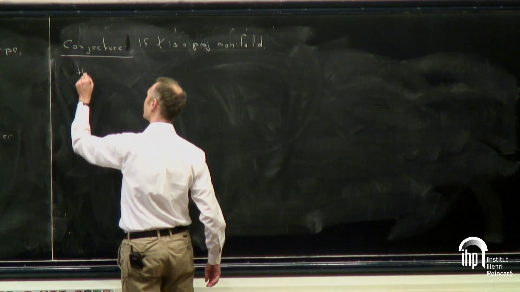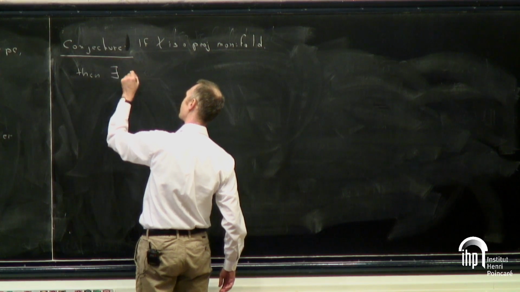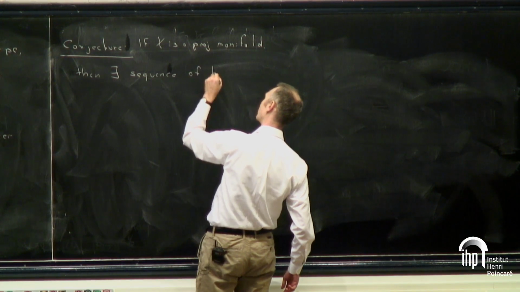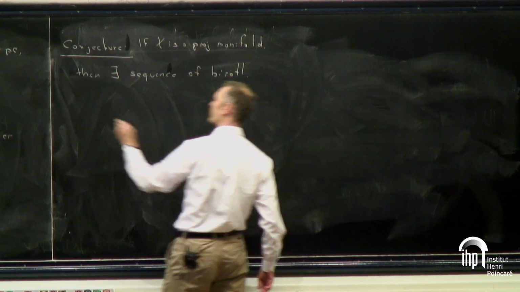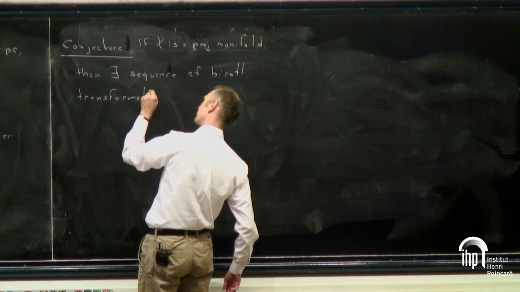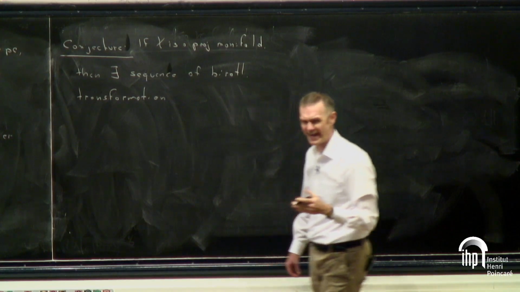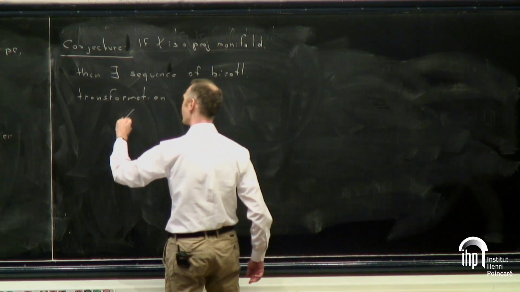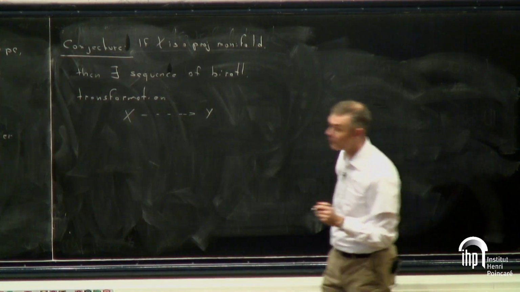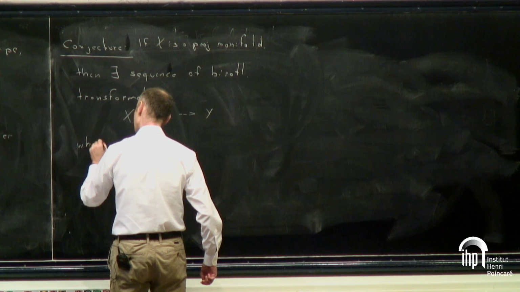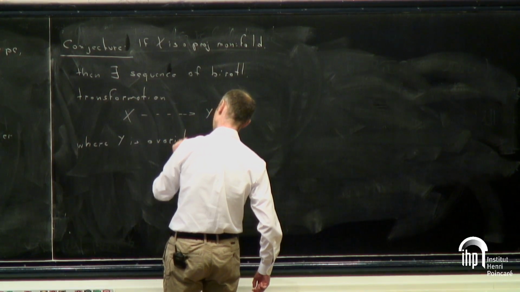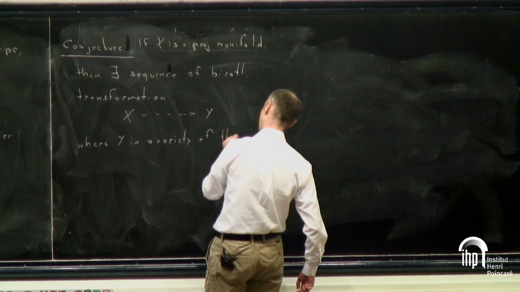So then there exists a sequence of birational transformations, somehow higher dimensional analogs of blowing down, starting with X, and then after finitely many steps going to Y, where Y is a variety of the following form.